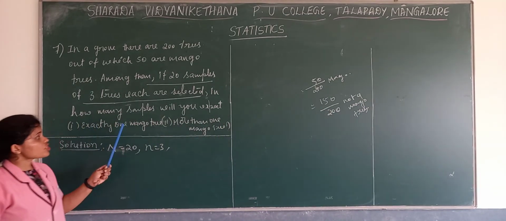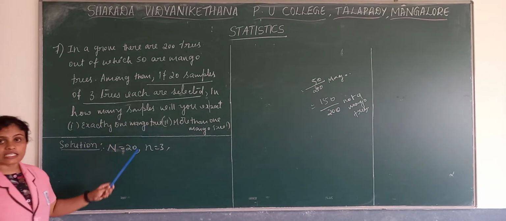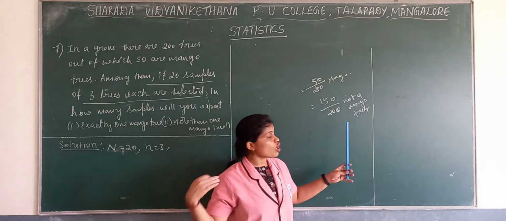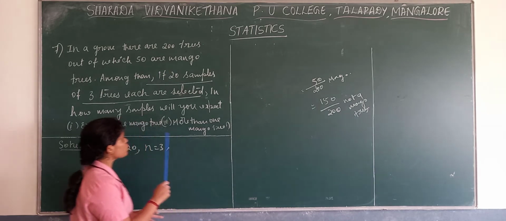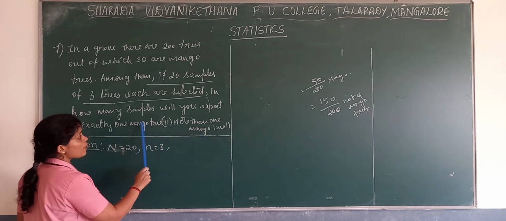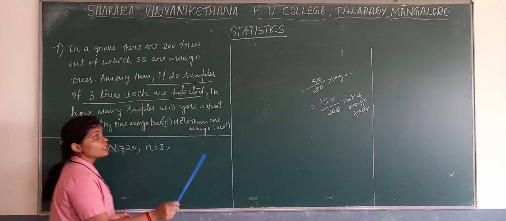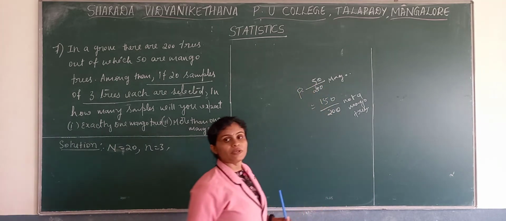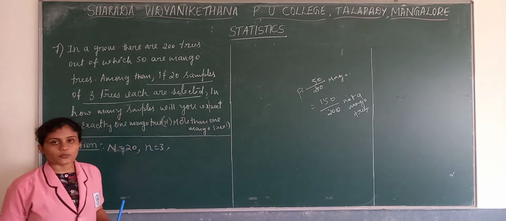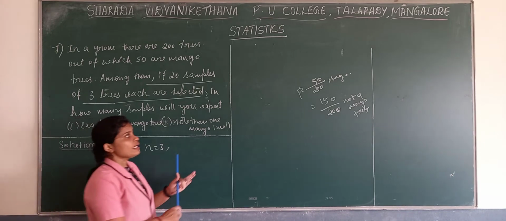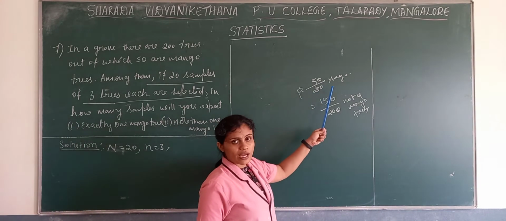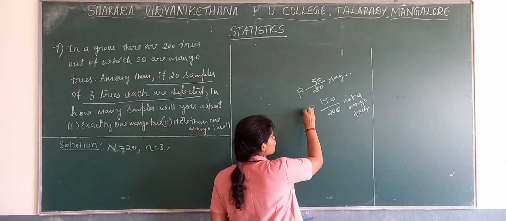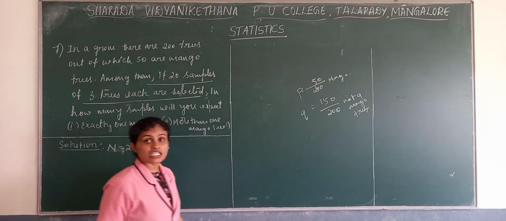And see, the question is about what? Whether it is about mango trees or not mango trees. The question is about mango trees. So what is P here? That proportion will be P. Here the proportion of mango trees is 50 by 200, so that is P, and 150 by 200, that is Q.